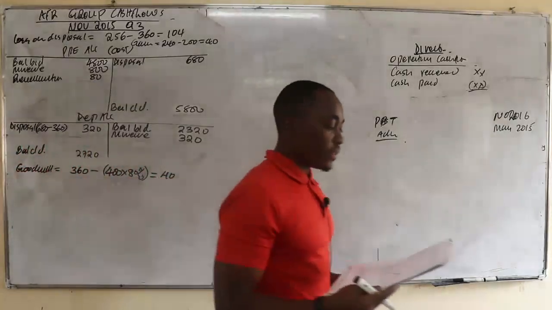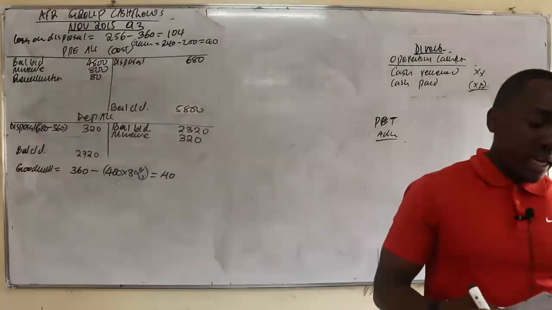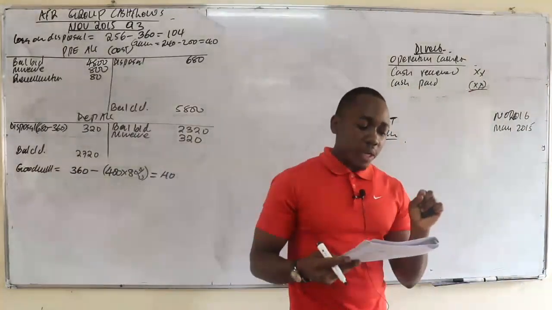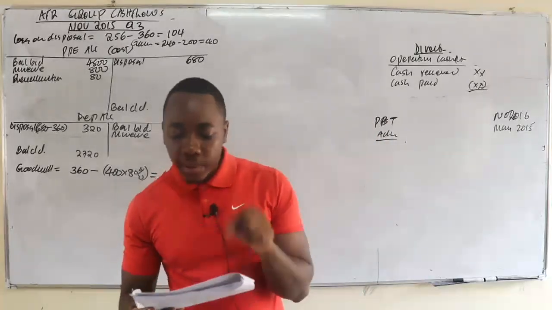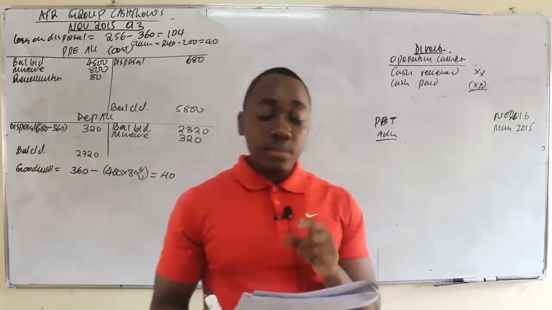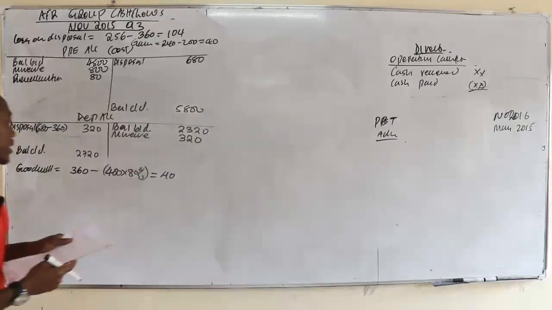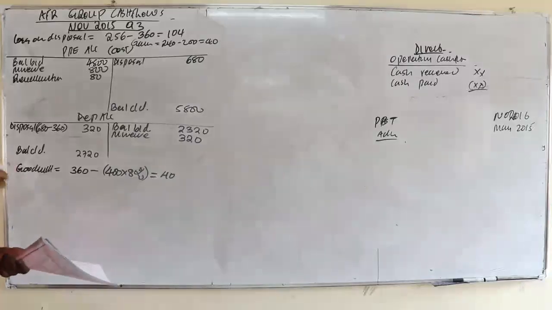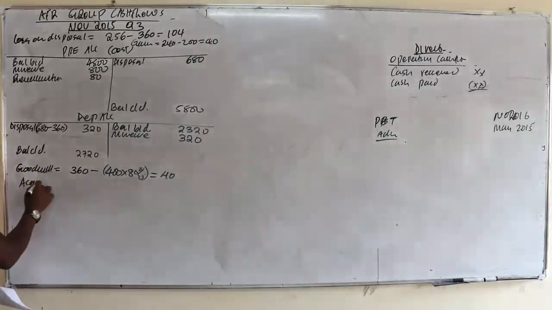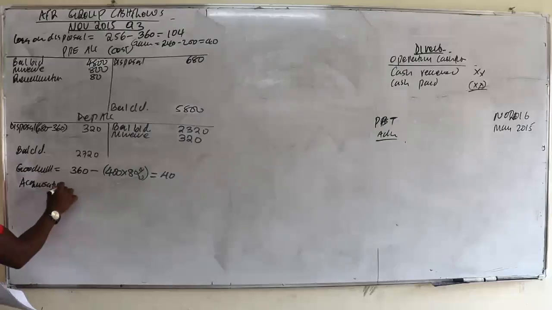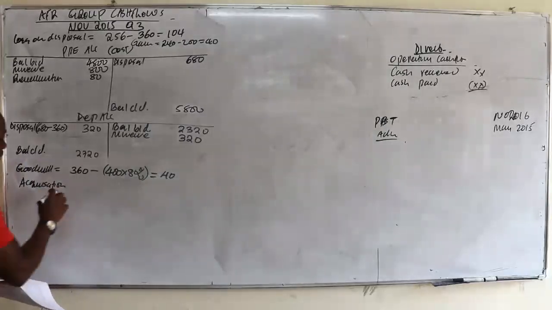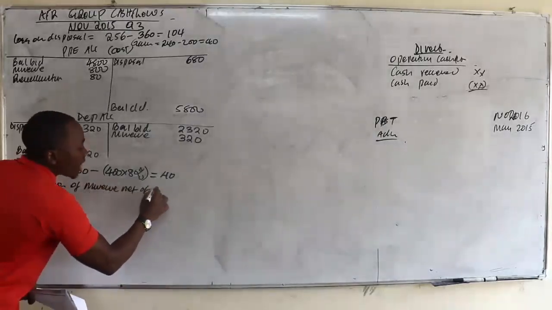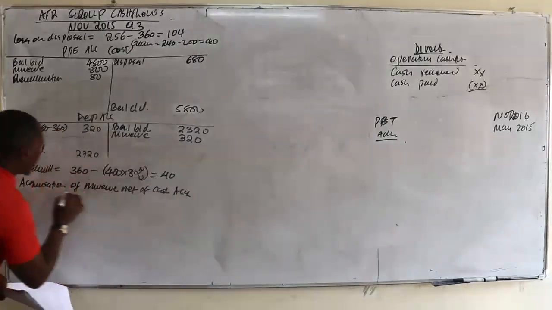We go back to note number 5. The total purchase price of 80% shareholding in Mwewe Limited was 360 million, which was paid by issuing 80 million worth of shares at par value, with the balance being paid in cash. So remember, we said that under investing activities, we have acquisition of subsidiary, net of cash acquired. We want to determine how much we really paid for Mwewe. Acquisition of Mwewe, net of cash acquired.